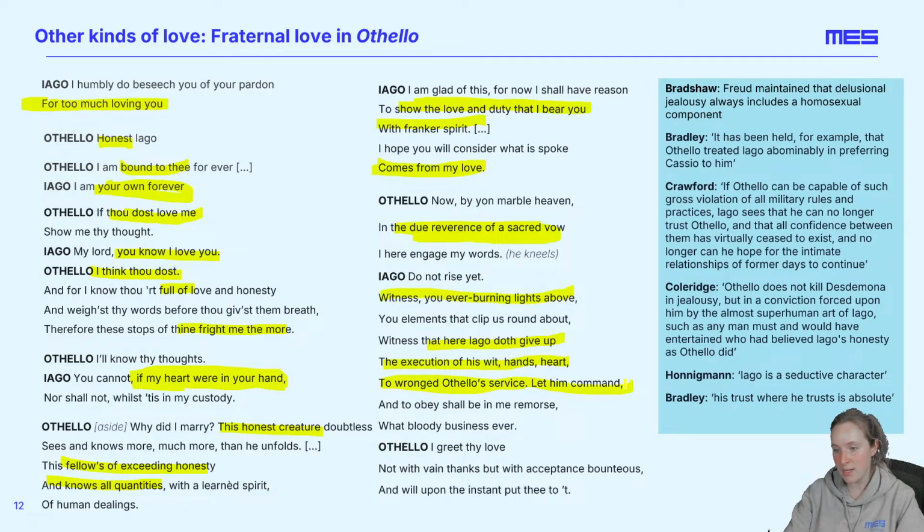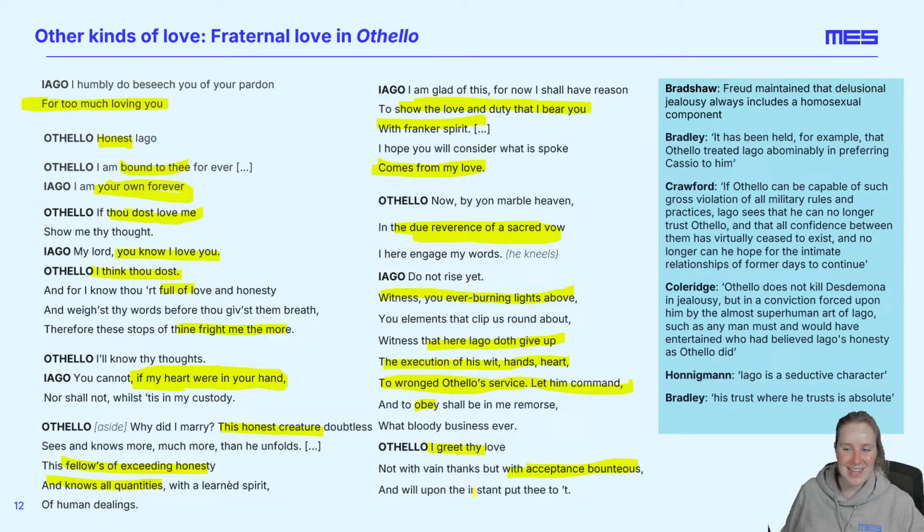Let him command, and to obey shall be in me remorse, what bloody business ever." "I greet thy love, not with vain thanks, but with acceptance bounteous, and will upon the instant put thee to it." So Iago then vows to give everything to Othello's need for justice and to use him however he sees fit. And Othello sees this as love and accepts it.